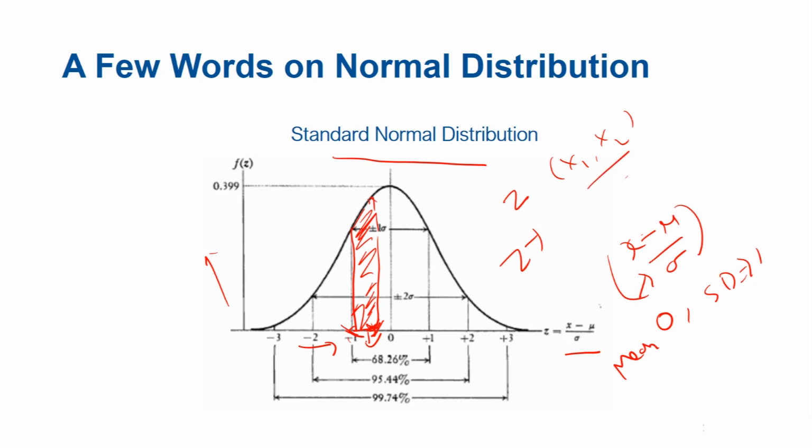For example, from z of -1 to +1, that is in terms of standard deviation, this essentially represents the standard deviation form of returns. So for -1 to +1 standard deviation, we have 68.26% of returns, within ±2 standard deviations 95.44% of the probability will lie, and within ±3 standard deviations we have 99.74%, and this is irrespective of different returns because this is now in standardized form.